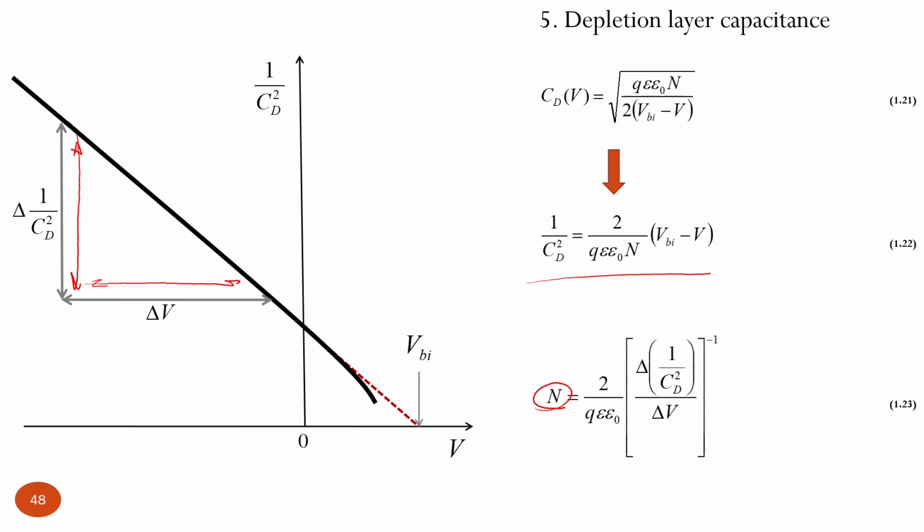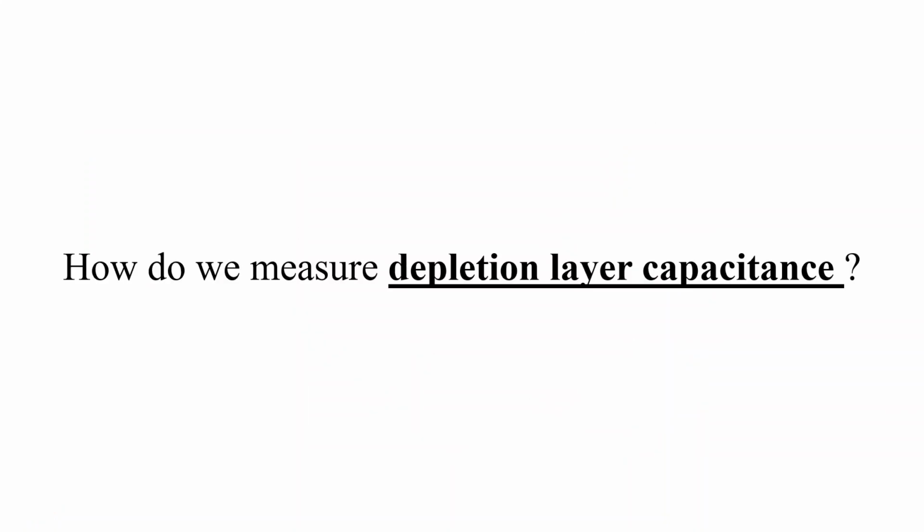So now we know how we can use the capacitance of the depletion region of a p-n junction for practical applications and also for research purposes. However, in order to use it, we need to know how to measure it correctly. So the question is how we correctly measure depletion capacitance in order to get really the capacitance of the depletion region, but not some artifact.